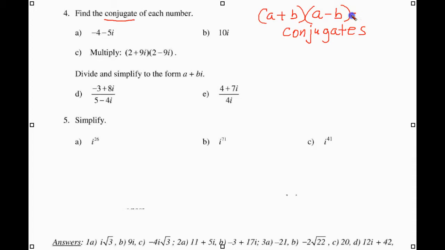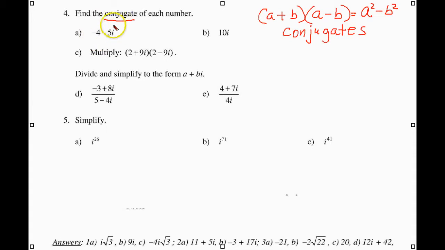And when we FOIL those, they gave us the difference of perfect squares. The middle terms canceled out. So this is a tool from our toolbox that we use. And what they're asking us here is, what is the conjugate? And these are called complex conjugates because they're part of the complex number system.